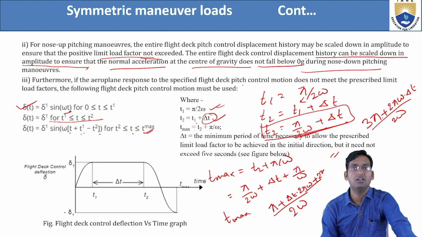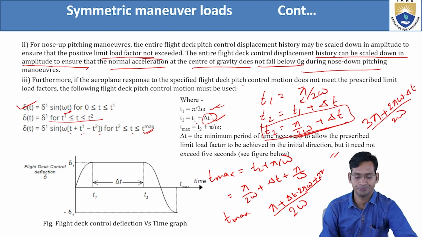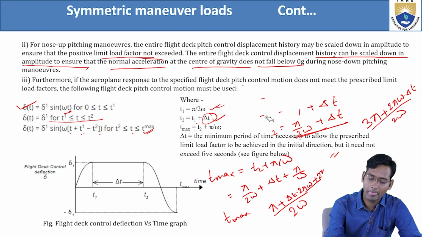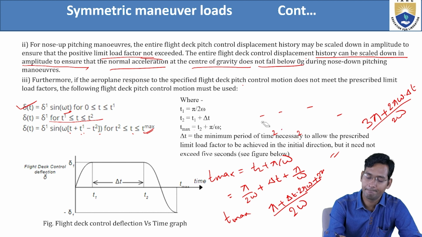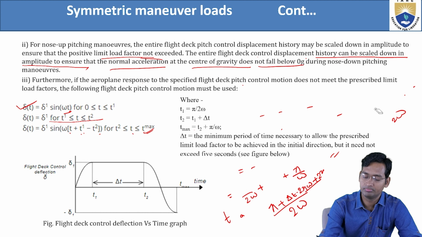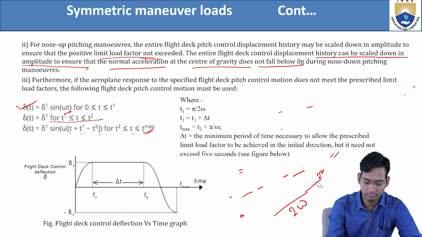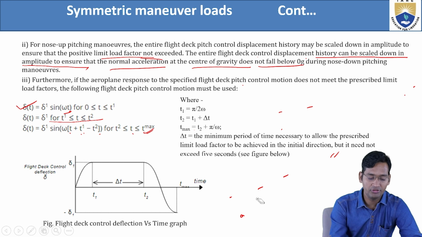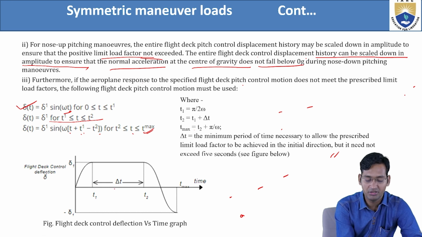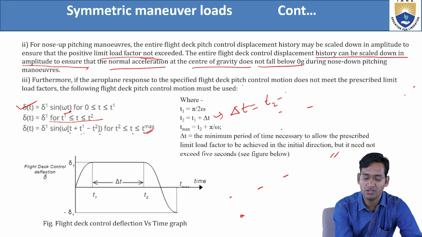So this will be the t max in terms of omega. Now let's see how this will vary. Simply from here, we can also say that delta t equals t2 minus t1.